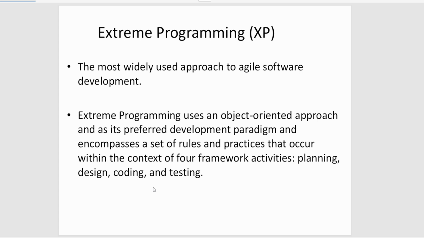Our companies generally work on languages like C Sharp, C++, Java, Python, and they have an object oriented approach, right? So extreme programming is very useful because it aligns itself with the OOP concepts and its preferred development paradigm, and encompasses a set of rules and practices that occur within the context of the four framework activities: planning, design, coding, and testing.